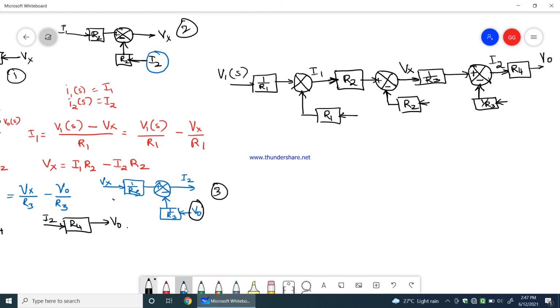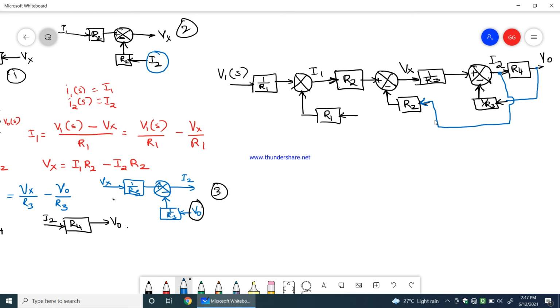Now we see how we connect. This 1 over R3 is connected to Vout, right? So this Vout comes and connects here. Okay. Now R2 is connected to I2, right? Therefore a line comes from here. We will use a crossover to show that it is not connected, and it is given to R2.